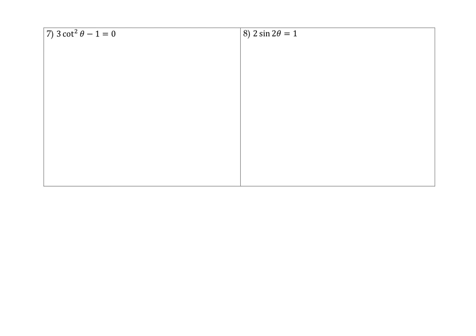Okay, I've got cotangent, so we're going to rewrite it. We have 3 times 1 over tan squared theta. I'm going to go ahead and move that 1 over there. Now I'm going to multiply by tan squared theta to both sides. 1 times tan squared theta is tan squared theta. So now, when I square root both sides, I've got 2 answers.